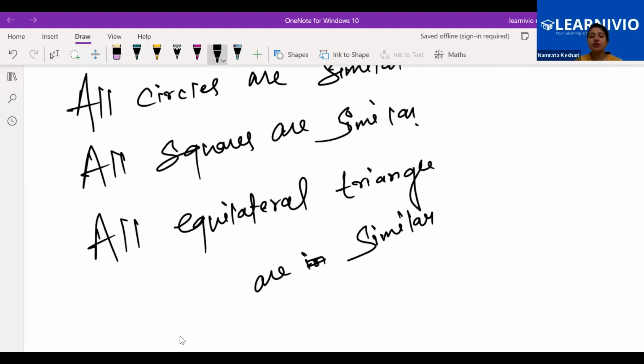So let's take one figure. Now you must have heard about a real life scenario: passport size photo, the stamp size photo.